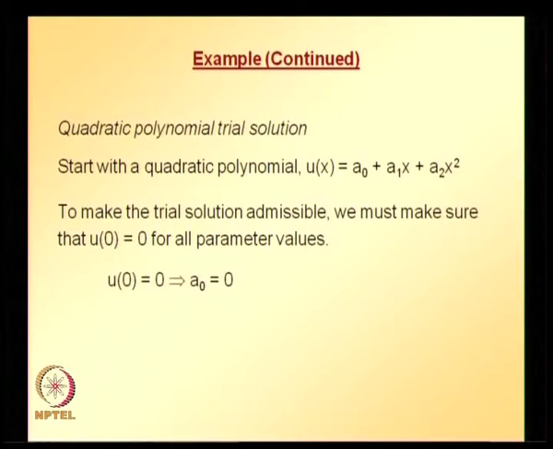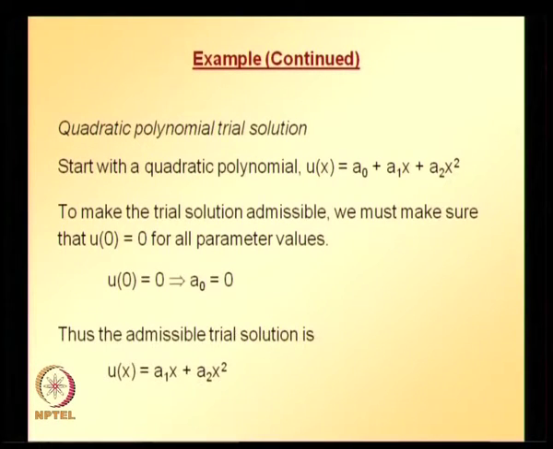To do that, we have to make sure that it satisfies the essential boundary condition given for this problem. If you recall, the essential boundary condition is u evaluated at x is equal to 0 is 0. Substituting this leads to a naught is equal to 0. So the admissible trial solution becomes a1x plus a2x squared.